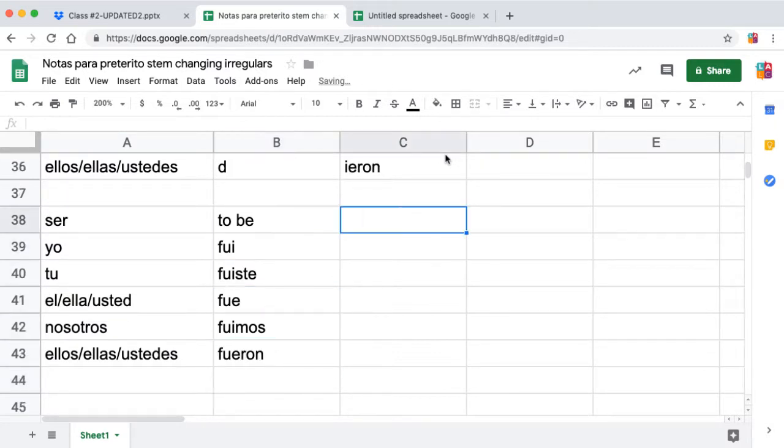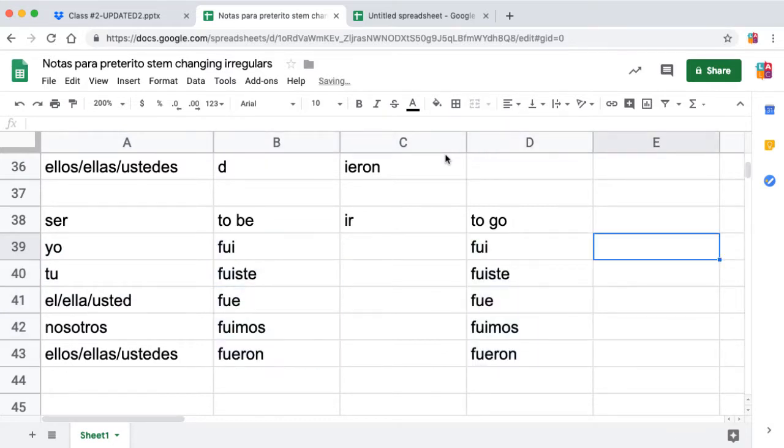The particularity of this is the verb ir, which means to go. To go is conjugated the same way. So, yes, don't hate me. This is like saying I went, you went, and this is saying I was, you were, he was.